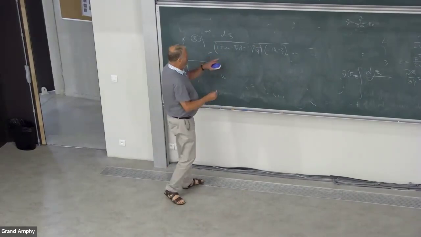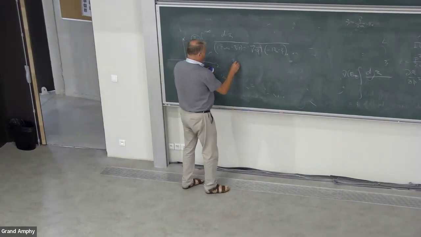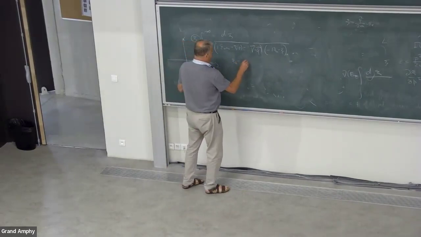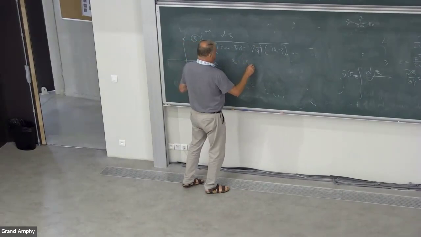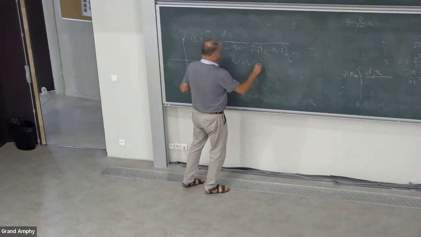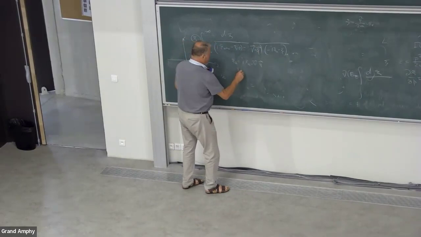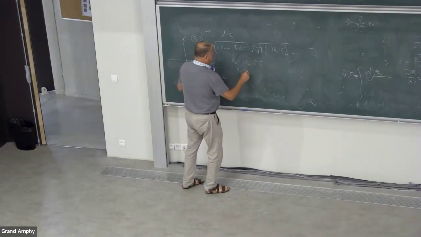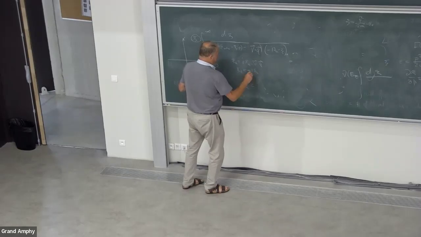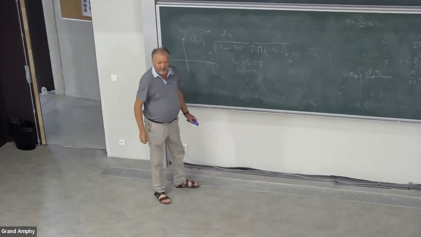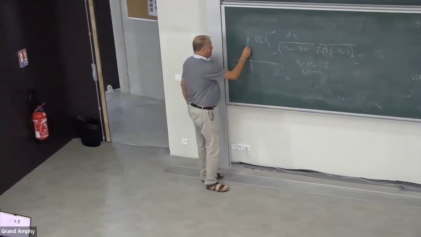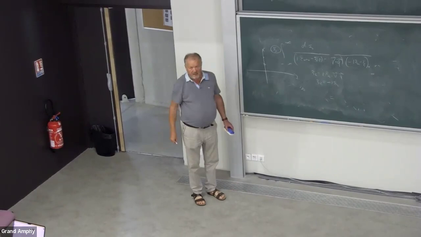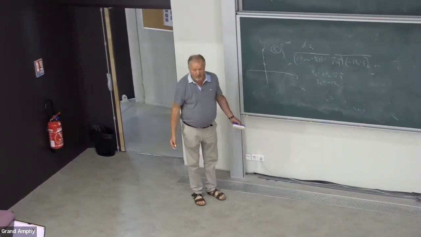So the first pole is psi 1 equals i epsilon n minus V q. The second pole is psi 2 equals minus i epsilon n. If both of them are on one side, the integral will be 0.